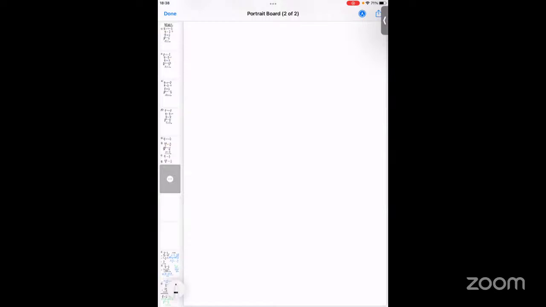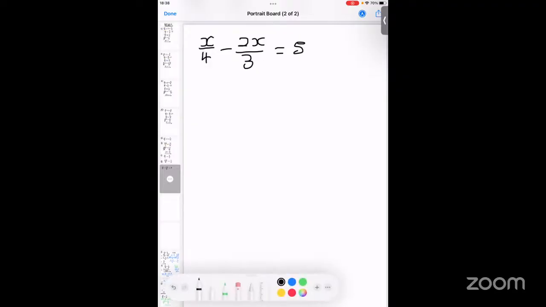So now, let me introduce you to another type where we have x over 4 minus 2x over 3, and this is equals to 5. Something that you need to be aware of, Manahil, is that there is an invisible 1 there. Do you agree? Yes, sir.